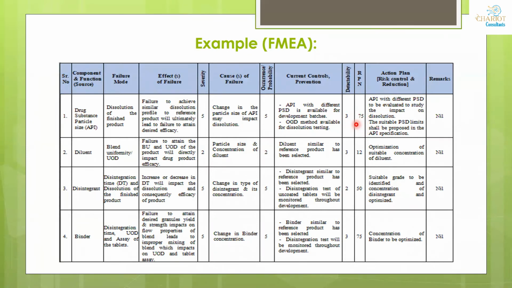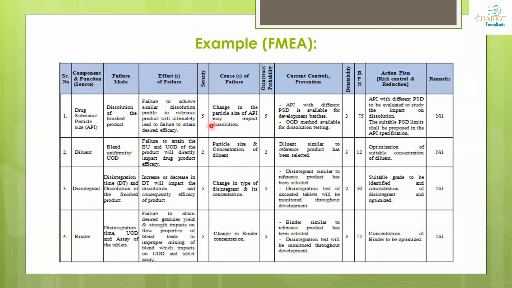So what will be our action plans to mitigate this risk? API with different particle sizes to be evaluated to study the impact on dissolution, and finally a suitable PSD limit shall be proposed in the API specifications.